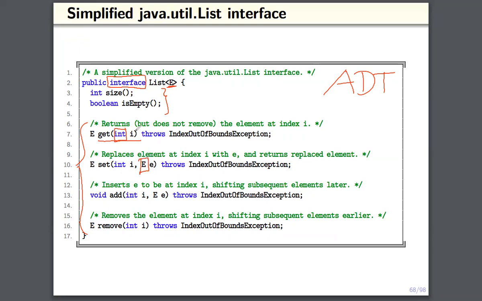It also shows what exceptions will be output, such as index out of bounds. Get, set, add, remove: those are the four functions we saw earlier. And how do you implement this? You can use arrays or you can use a linked list, but just implement this. It does not give the implementation. It is just exposing the functions.